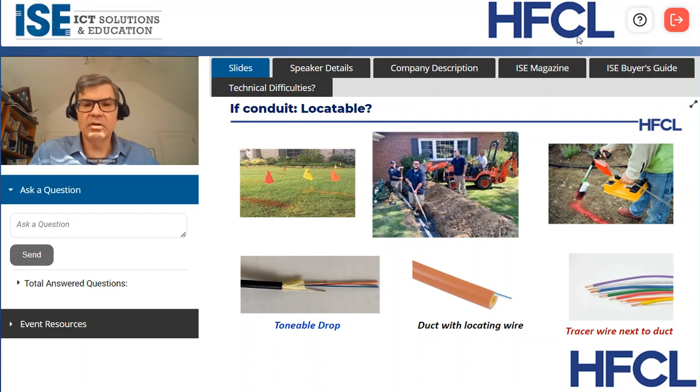And the other thing you could do is throw in a tracer wire next to the duct. So those are all different options. It just depends upon what's most convenient for a given application. But if you put the wire with the drop cable, you know that it's with the fiber.